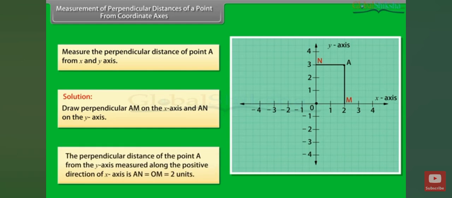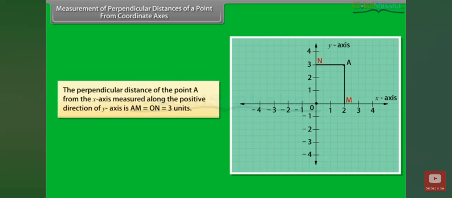We can see that the perpendicular distance of the point A from the y-axis, measured along the positive direction of the x-axis, is AN = OM, which is equal to 2 units. And the perpendicular distance of the point A from the x-axis, measured along the positive direction of the y-axis, is AM = ON = 3 units.